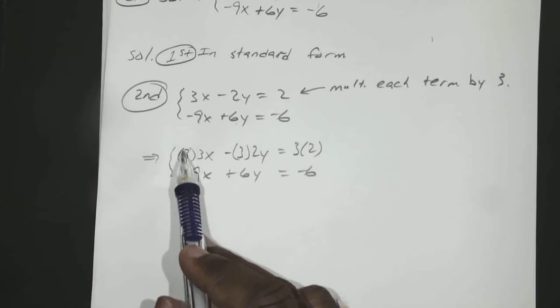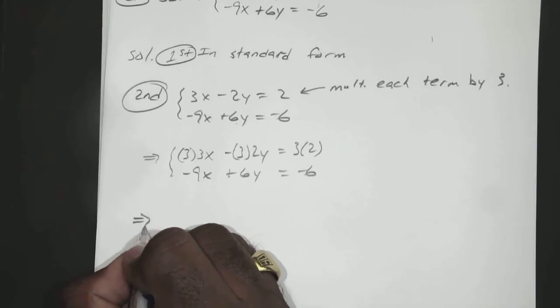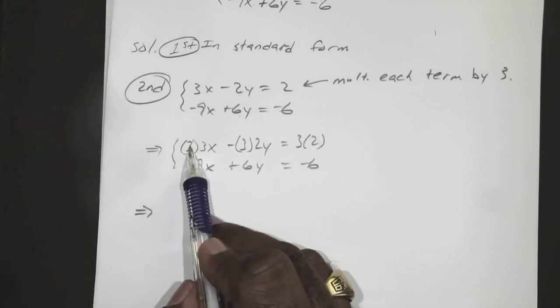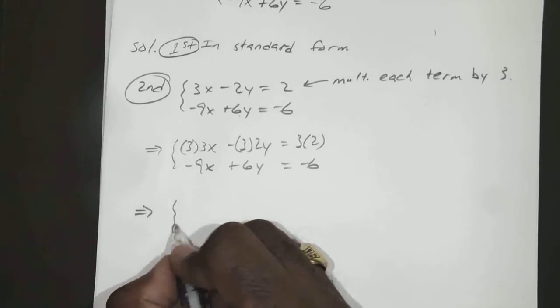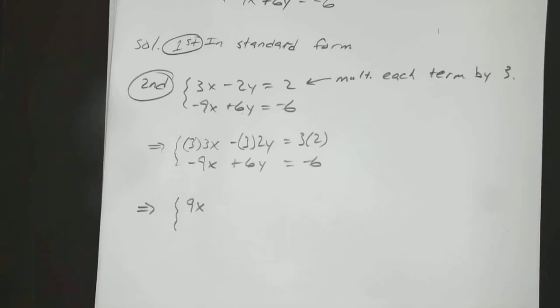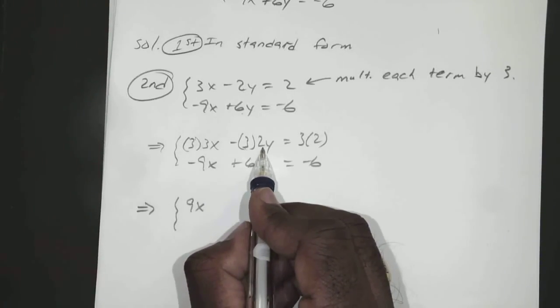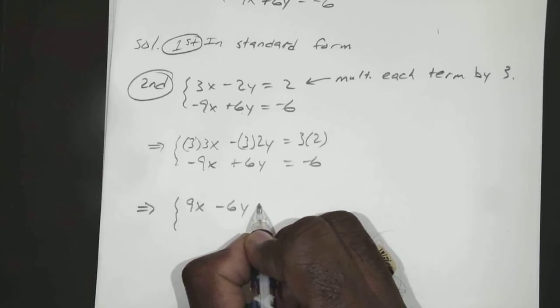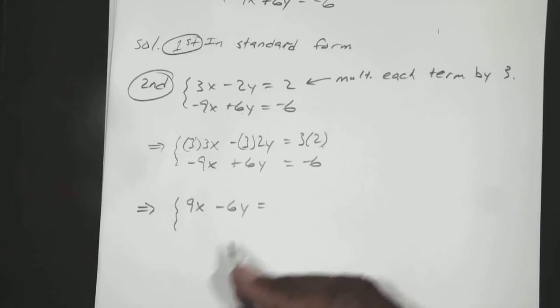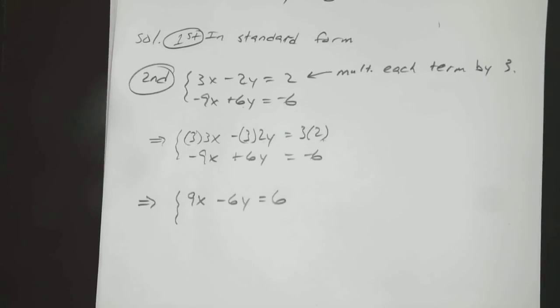If we simplify those terms up top, 3 times 3 is 9, so you have 9x. 3 times 2 is 6, so minus 6y equals 3 times 2, which is 6.